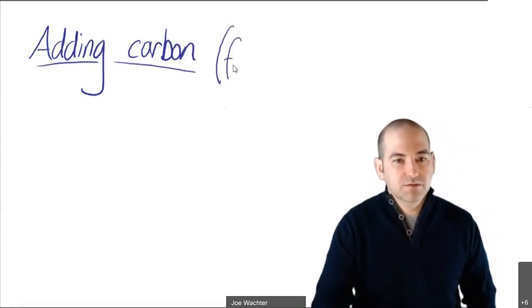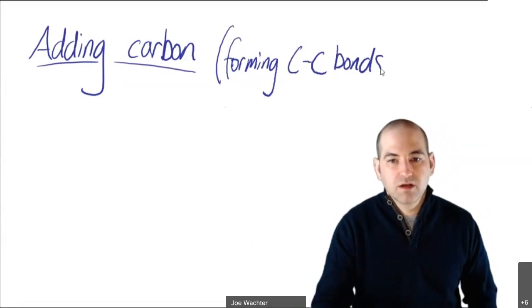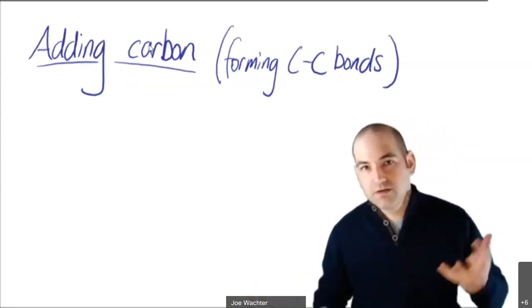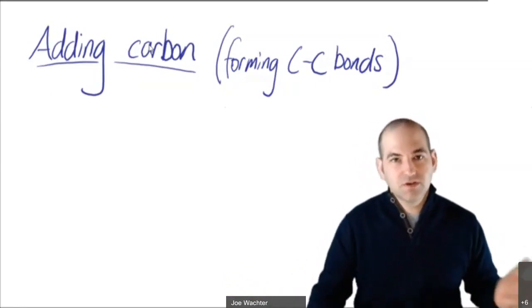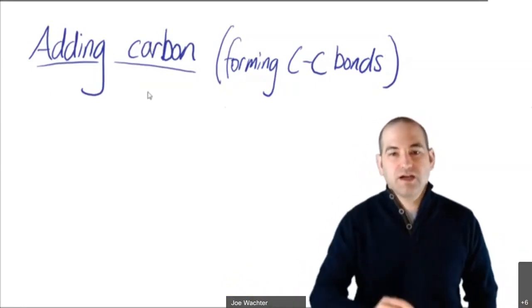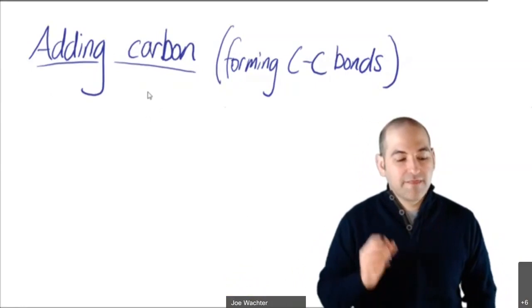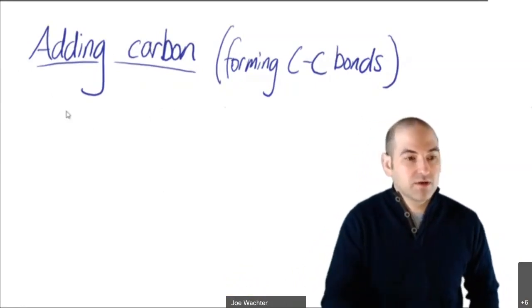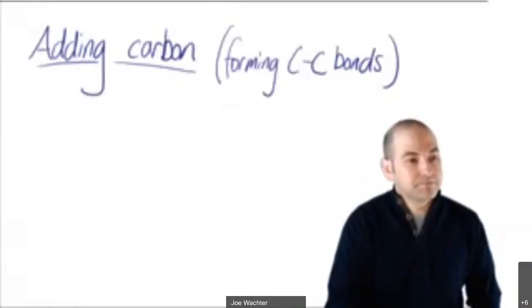Let's be a little bit more specific. We're talking here about forming carbon-carbon bonds, because adding carbon as another nucleophile or something, you can do that too. But when you actually want to connect a carbon to another carbon, that's a very specific thing. There's only a couple ways really that we've talked about doing that.